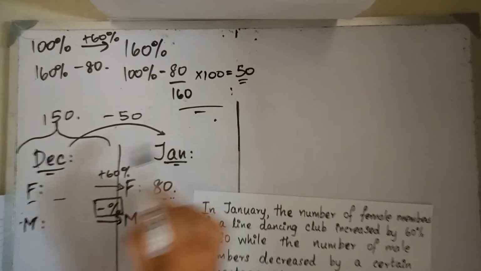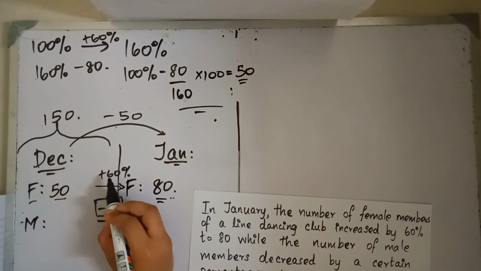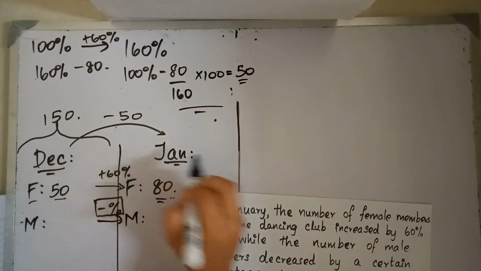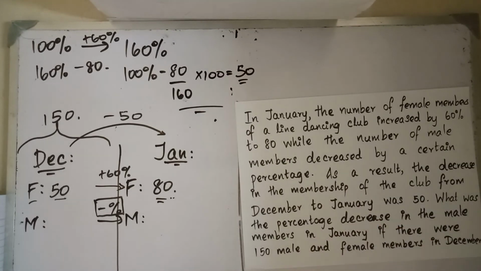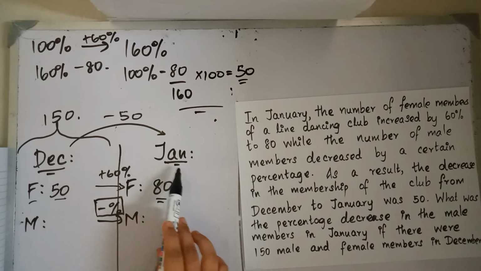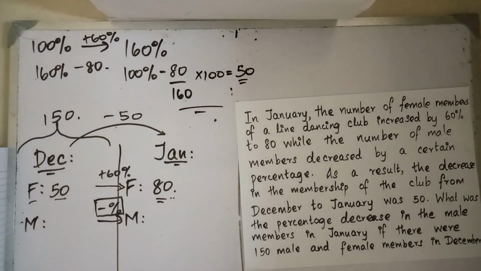So 50 would have been the initial amount in December, because the increase of 60% happens from December to January. So now we have found out the number of female members. Next, the question states that there is a decrease in the membership of the club from December to January of 50. It's a decrease of 50 members.